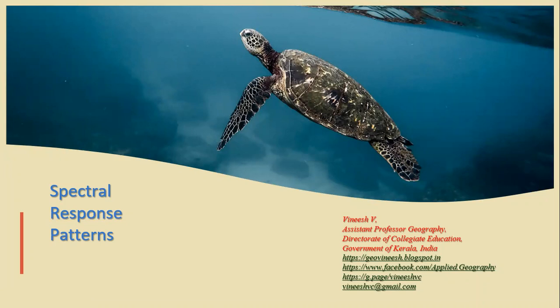Spectral response pattern simply means how the land or the water, whatever it is, the earth, is responding to the satellite image sensor. So let us go through the session.